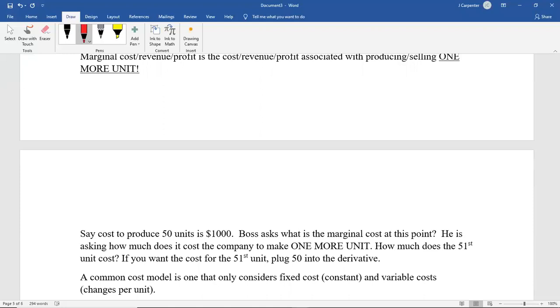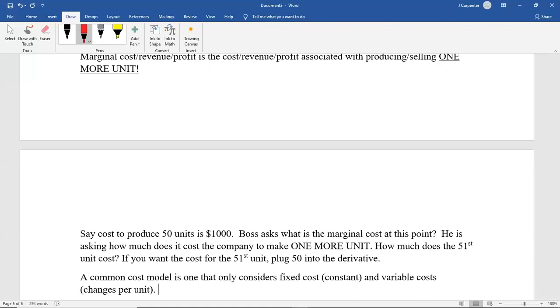Now, does this have to be the model? No. We can give you any type of polynomial or radical or rational equation for a cost. I'm just saying this is pretty common for an introductory model. I say introductory because you have what are known as growing pains with companies. When you're going from making 100 units to 200 units to maybe even 1,000 units, maybe it just costs you an extra 5 cents each time.